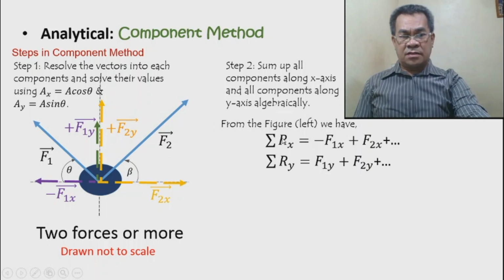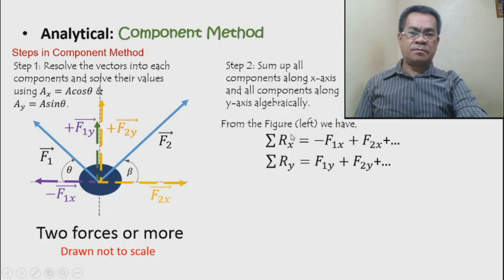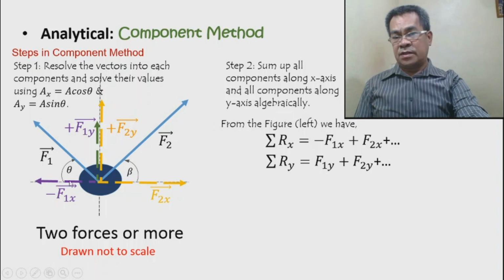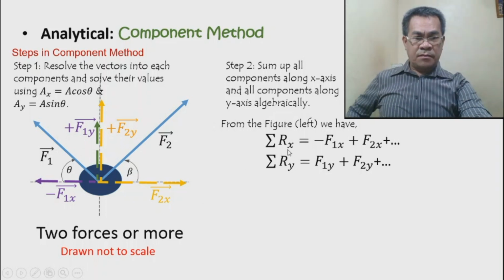So take note that this is the x component of the resultant already. Okay? Here, we actually use the resolution of components. Finding F1x and F1y is actually resolution. Now in this case, look at this one.